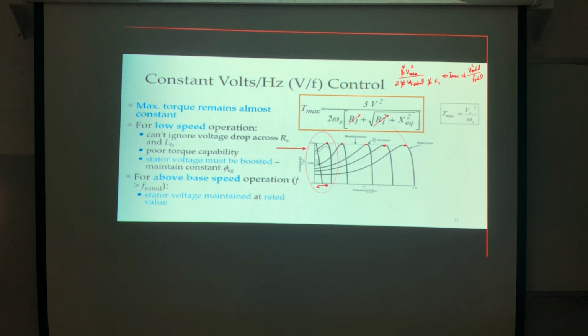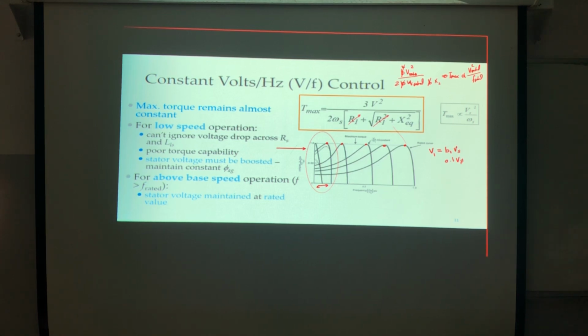Now, at low frequency, this means that B is low, correct? V1 equals B1, let's say Vs. Let's assume now I'm imposing 0.1 Vs, 0.1 of the rated value.